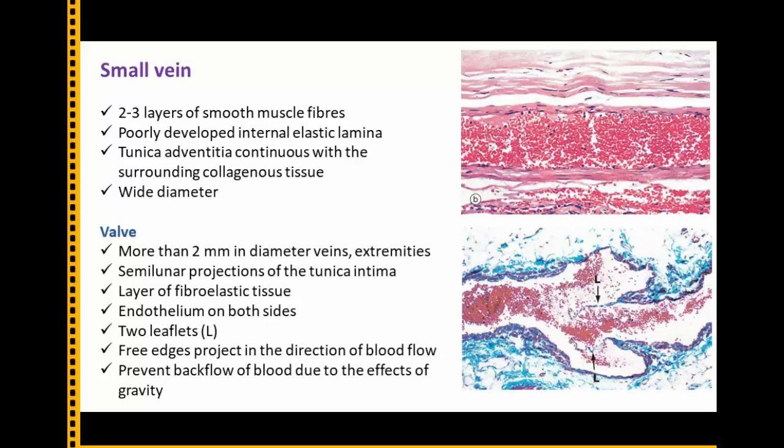Then comes the small vein, the next step after the muscular venule. A small vein has 2-3 layers of smooth muscle fibers in the tunica media.